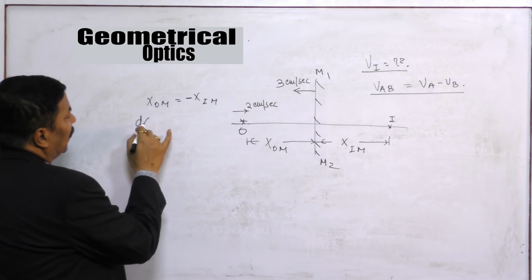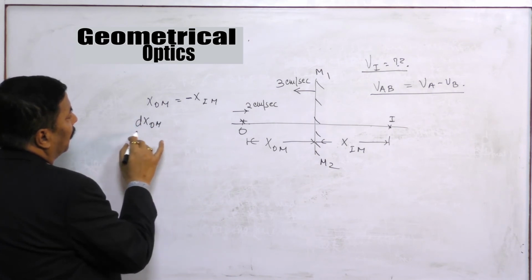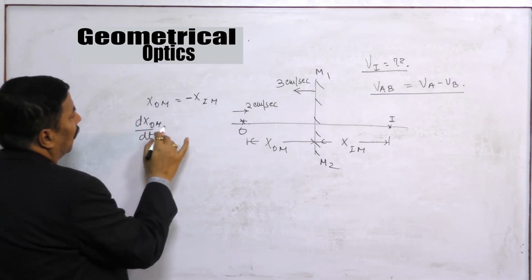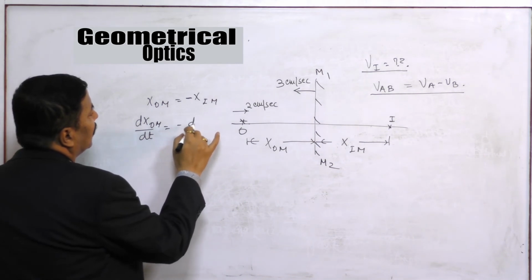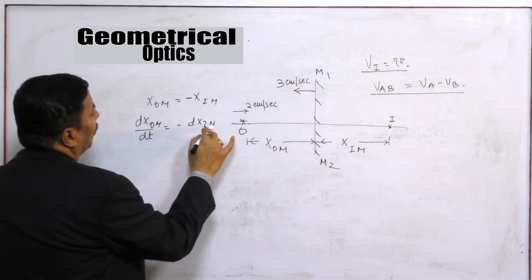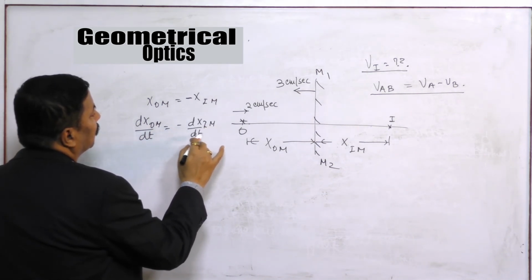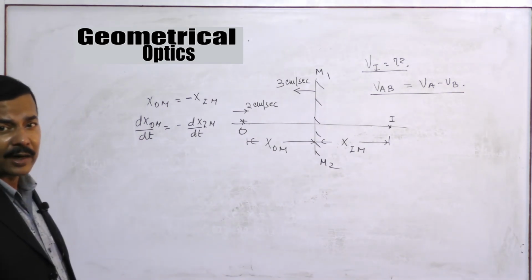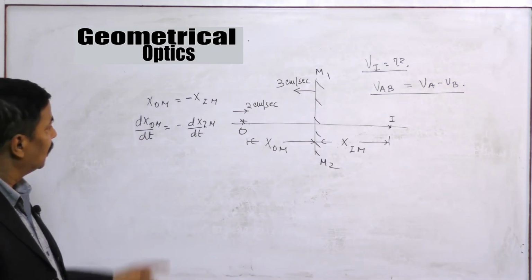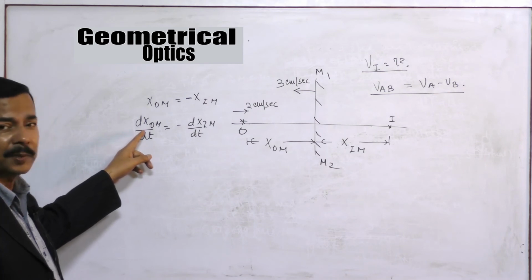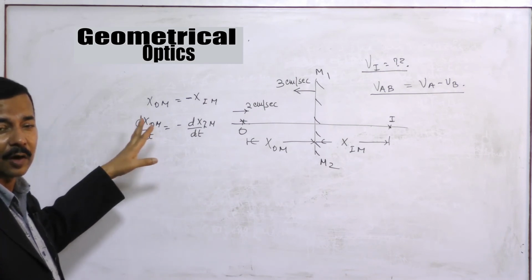So dXOM by dt must be equal to minus dXIM by dt. Now in mechanics you have read that rate of change of displacement with respect to time is velocity.